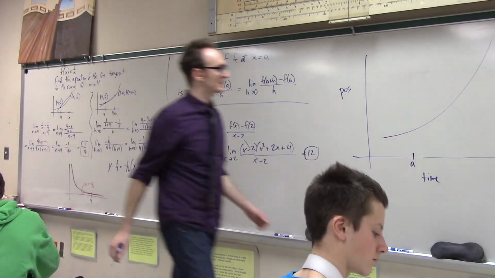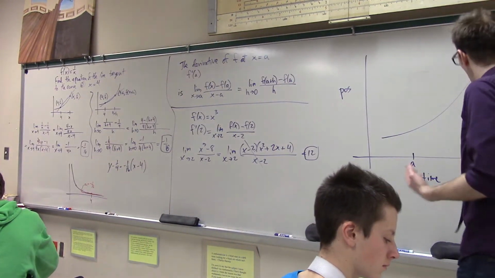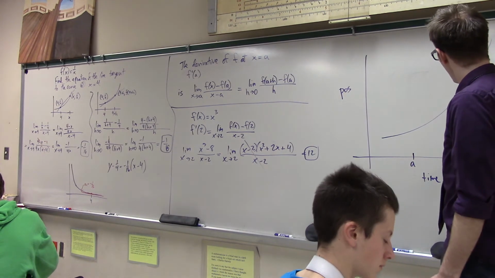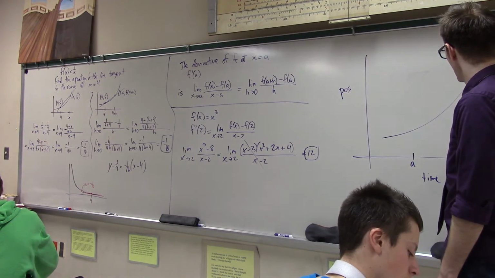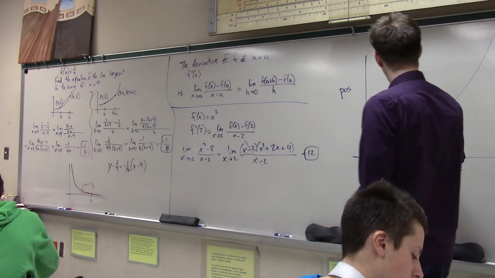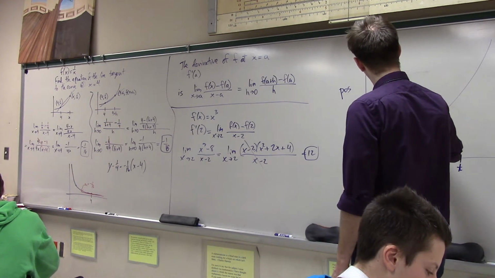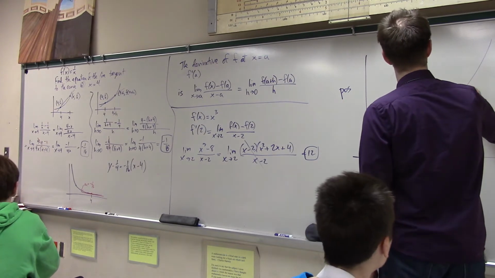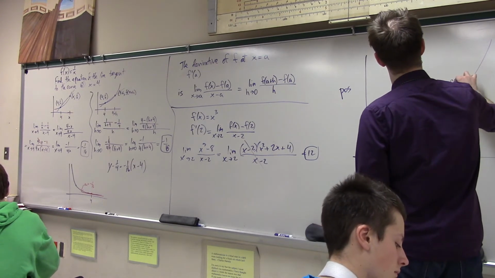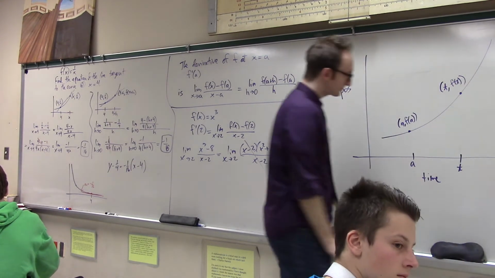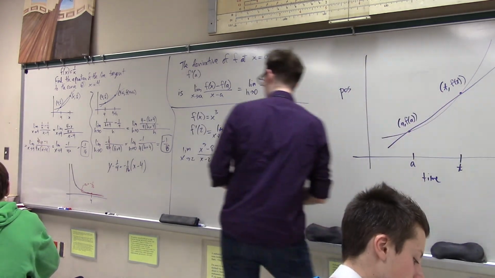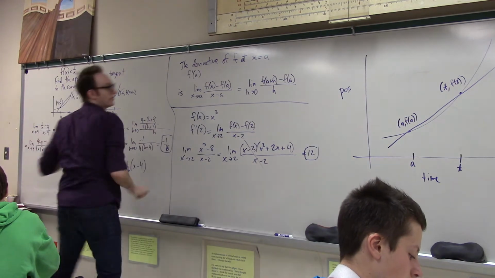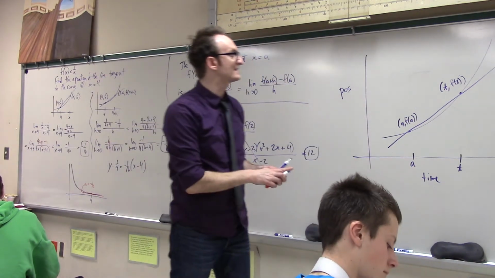The way I basically did this was exactly like what we did, right? We picked a time, and now I'll use t as my variable. So I picked a time t, and here I am at a comma f of a, and here I am at t comma f of t. My goal is to find the instantaneous speed at time a.